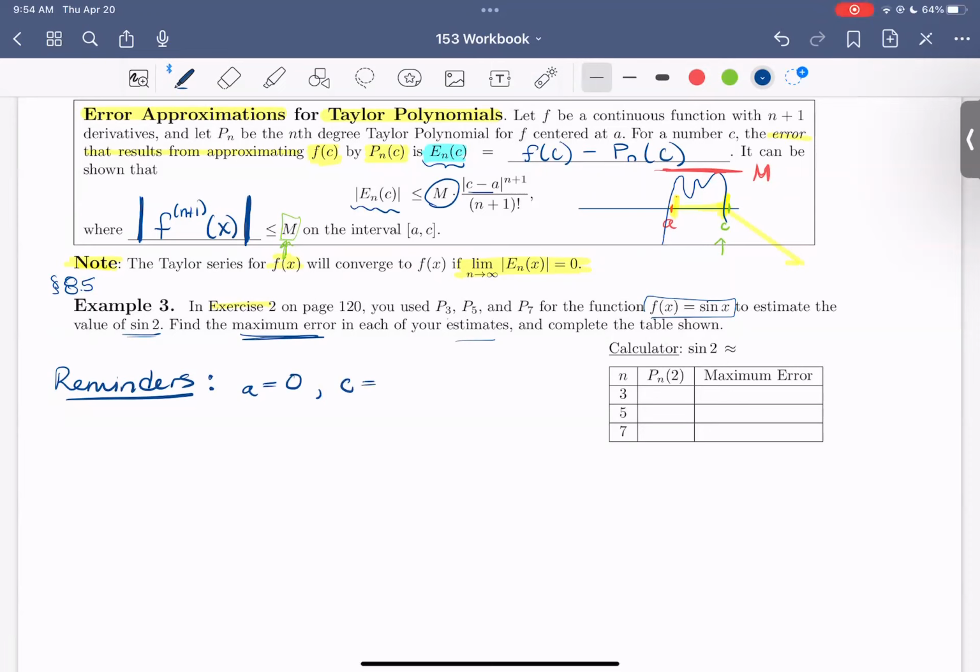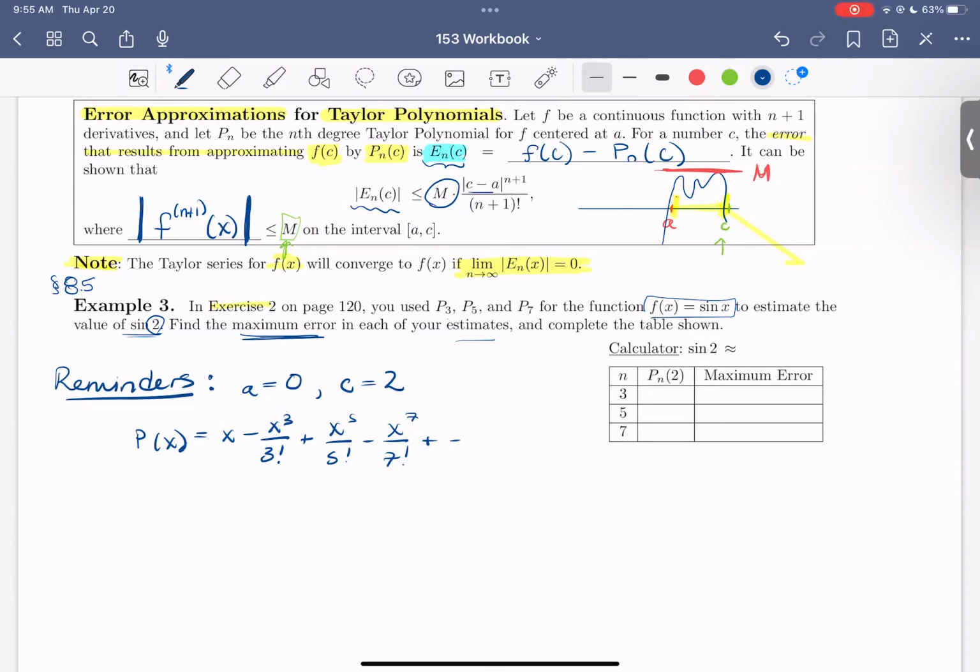We are evaluating our function at 2, so C will be 2. Then recall our P of x looked like x minus x cubed over 3 factorial plus x to the 5th over 5 factorial minus x to the 7th over 7 factorial. We alternated and had just odd exponents and odd factorials in the denominator. That's our setup.